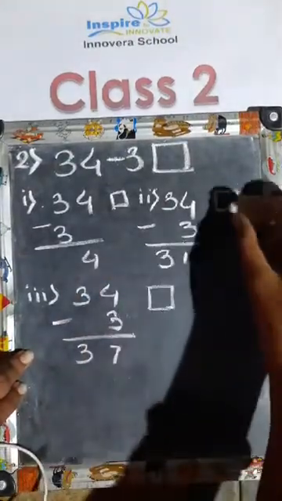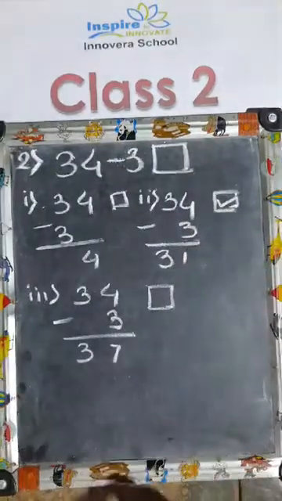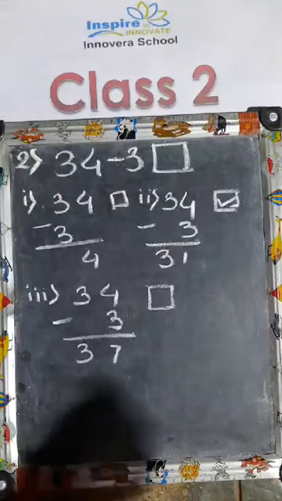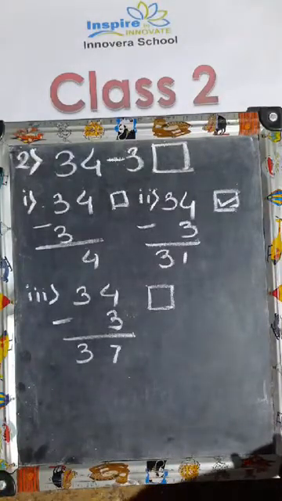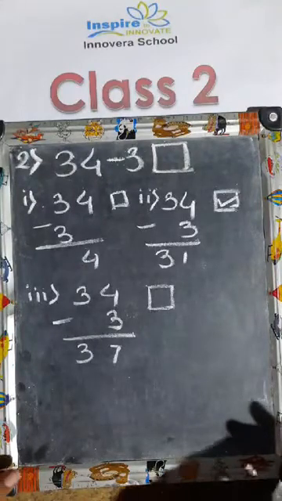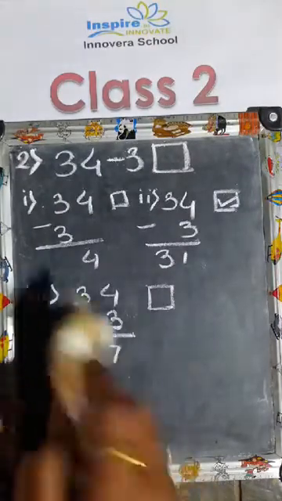Option 2. You are going to tick option 2. You have to check the method, how you are going to arrange the numbers, which number should be written in the tens column and ones column. Is that clear for you all? Okay. Now we will go to the next. One more example.